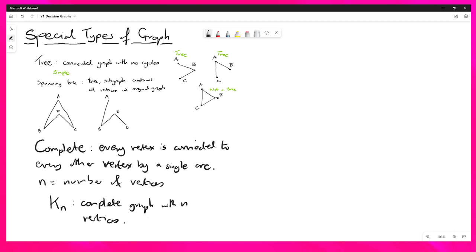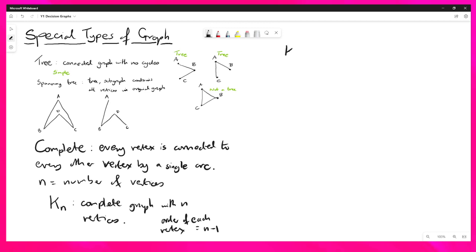Because it's simple, but every vertex is connected to every other vertex, the order of each vertex is n minus 1.